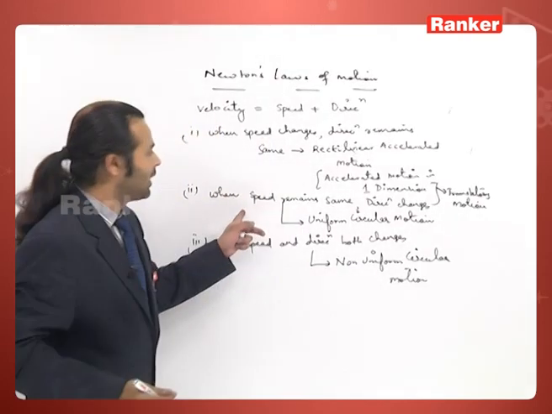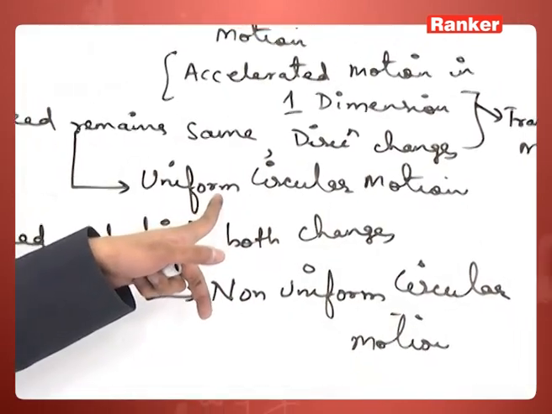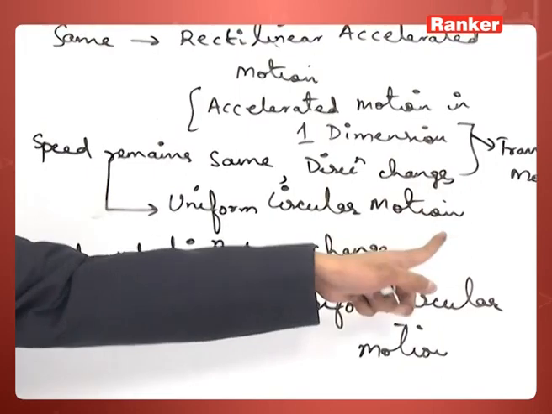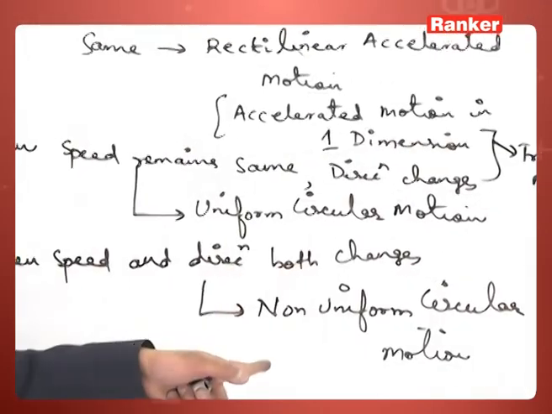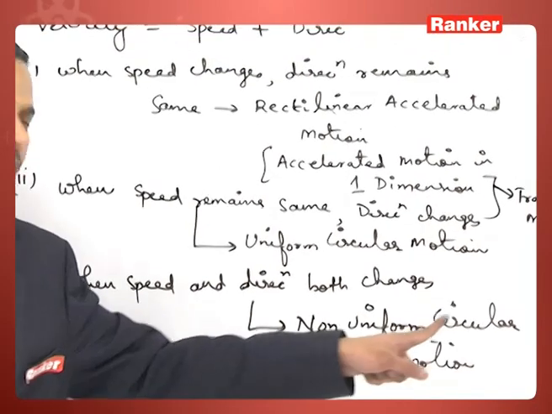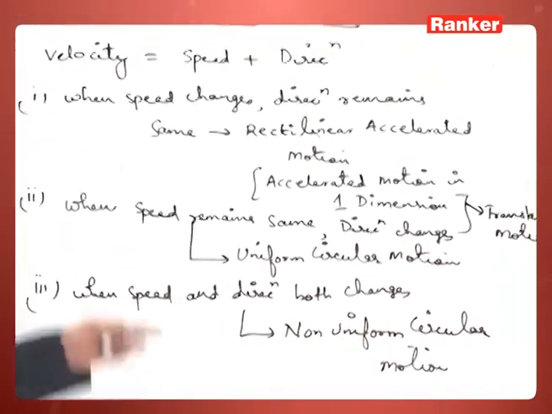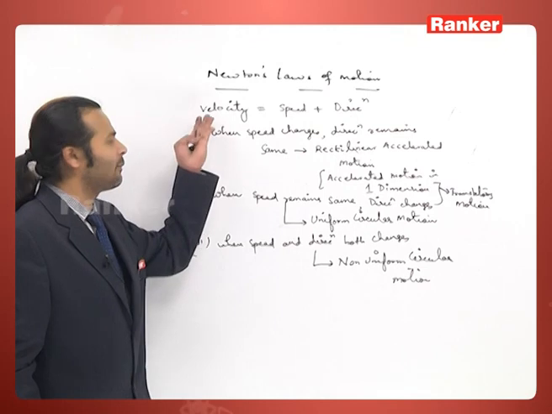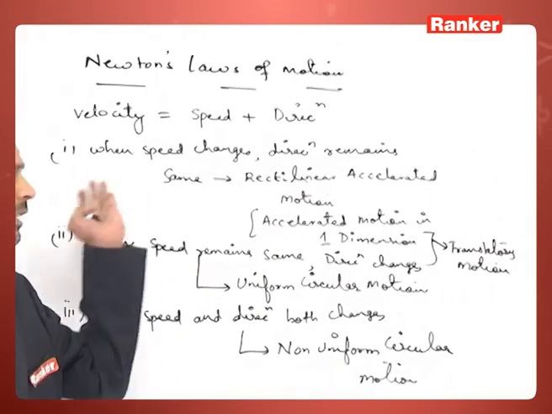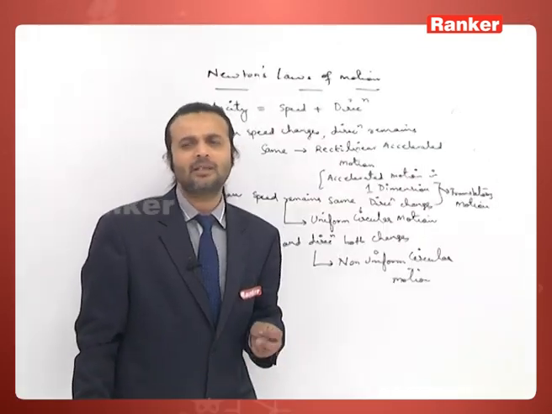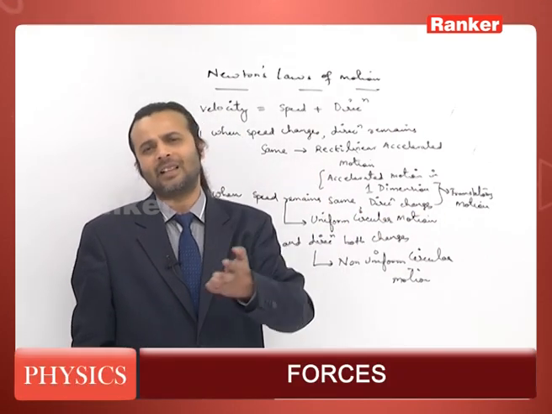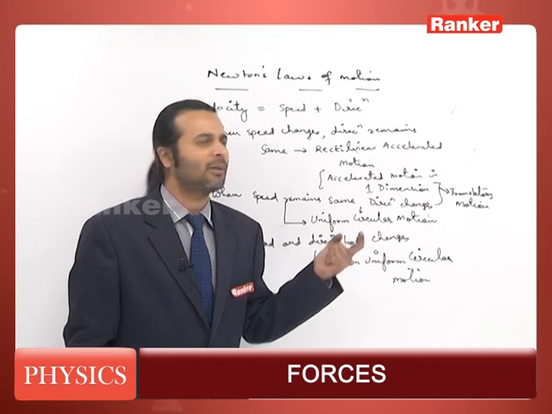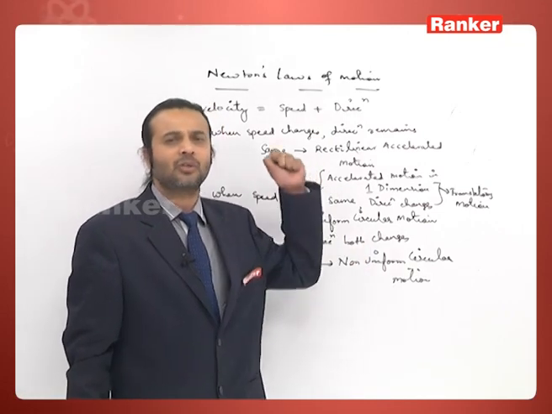And when speed remains same, direction changes, that kind of phenomenon is defined as uniform circular motion. Third thing, when speed and direction both change, we say this is non-uniform circular motion. So here we have that kind of definition of velocity. As I discussed, forces are balanced, bodies are at rest, or body has to be at uniform motion. Uniform motion means velocity has to be same.